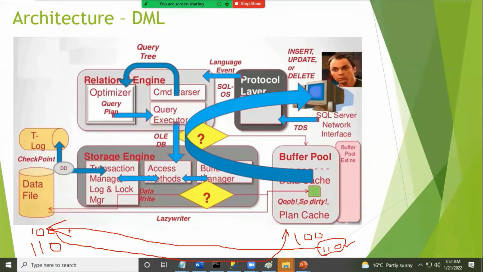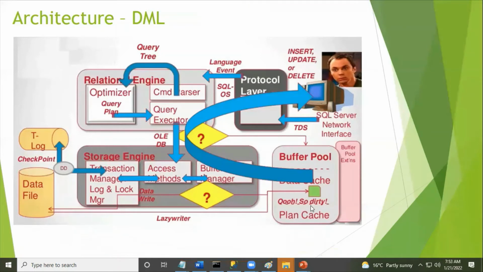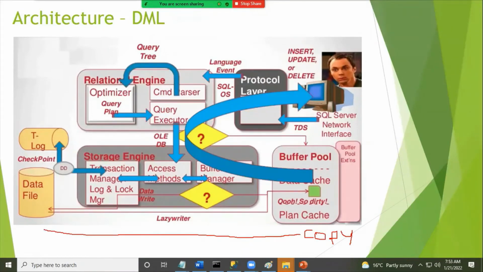In simple words, checkpoint just copies pages. Don't use this word formally, I'm just telling you for the sake of simplicity. Consider it as copying modified pages from the buffer pool to the disk.